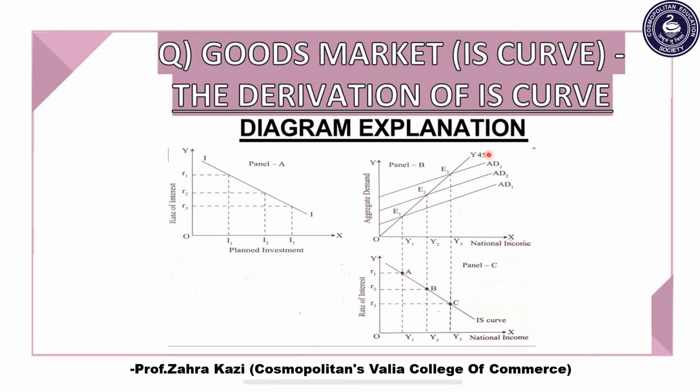This results in equilibrium in the goods market, but at a higher level of income. You can see here that there are three equilibrium points, E1, E2, E3. The highest equilibrium point is E3, which takes place at a higher level of income, that is Y3, which we can see in panel B.